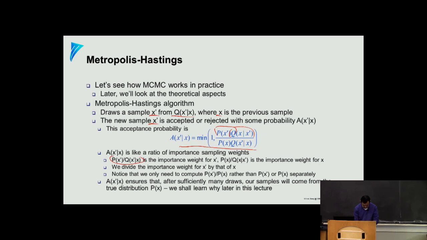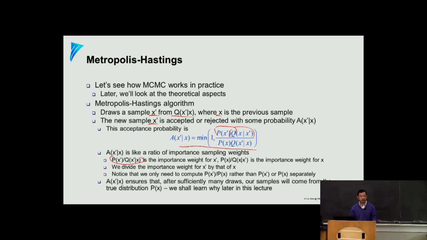Actually, no, it should be like this. The importance ratio of the target probability versus the proposal probability, and you compare the ratio between these two weights. This ratio can be either smaller or greater than 1.